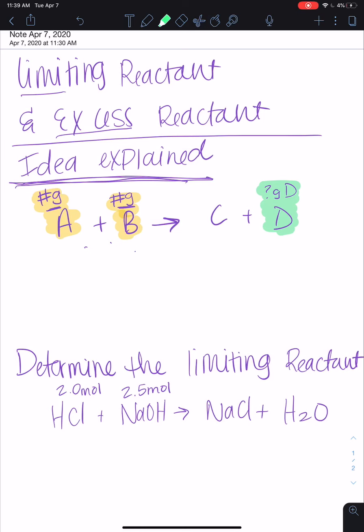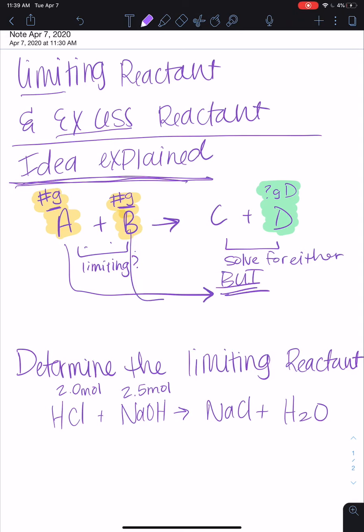Okay, so again, just to restate, if you are asked for which one is limiting, it doesn't matter. Solve for either, okay? But you have to solve using A and B for the same compound.